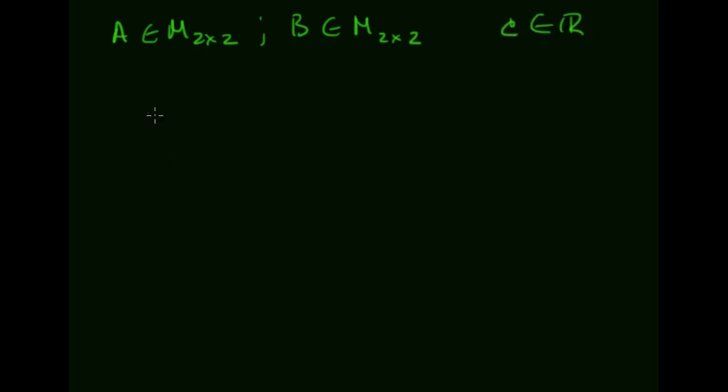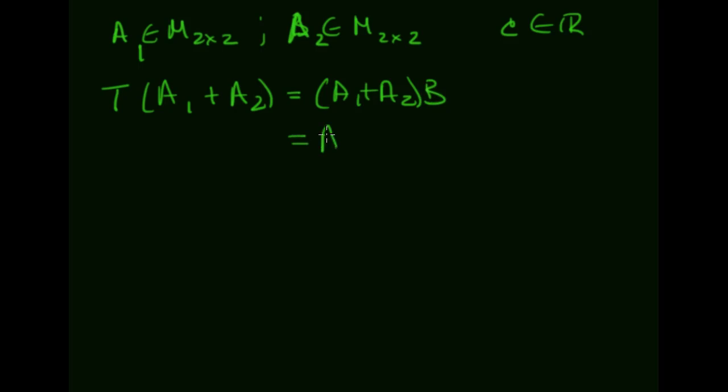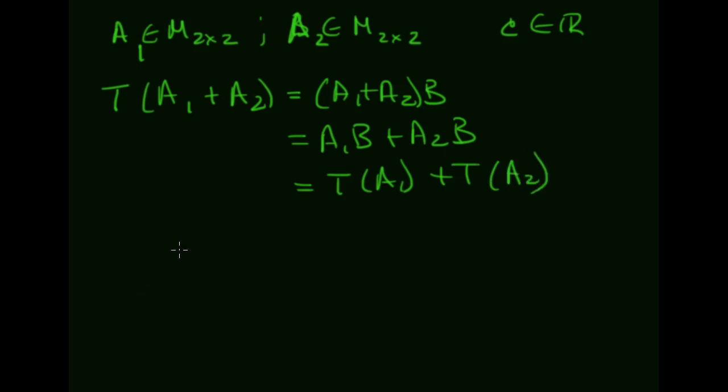So if I let it as A1 and A2, then A1 plus A2 times B is A1 times B plus A2 times B, which is the linear transformation of A1 plus the transformation of A2.